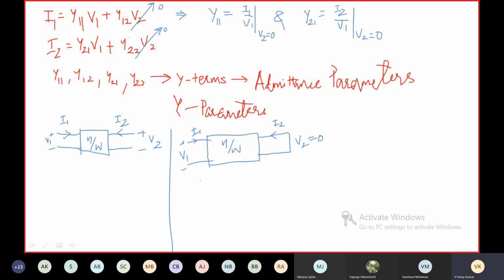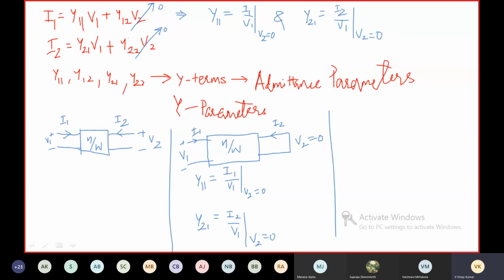If you have a network like this, then you can find Y11 is equal to I1 by V1 when V2 is equal to 0. We can find Y21 is equal to I2 by V1 when V2 is equal to 0.